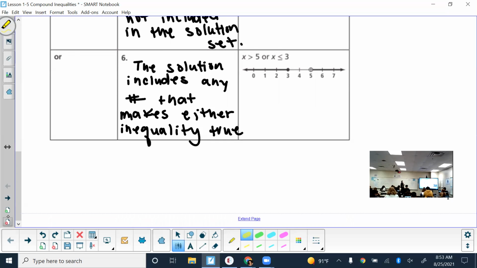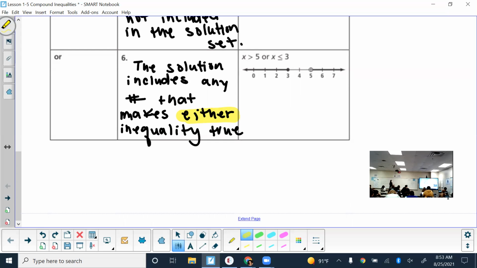Now just one of them has to be true for it to work. So the definition, if you're filling that in: the solution includes any number that makes either inequality true.